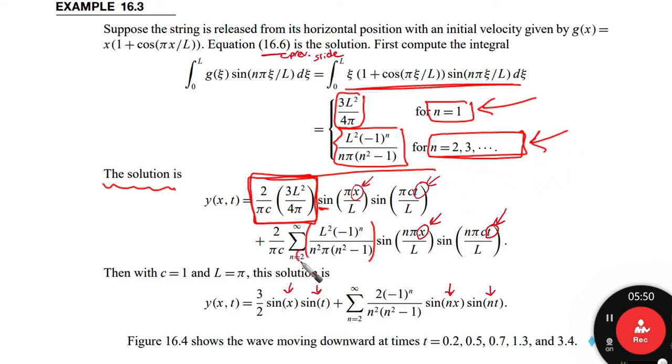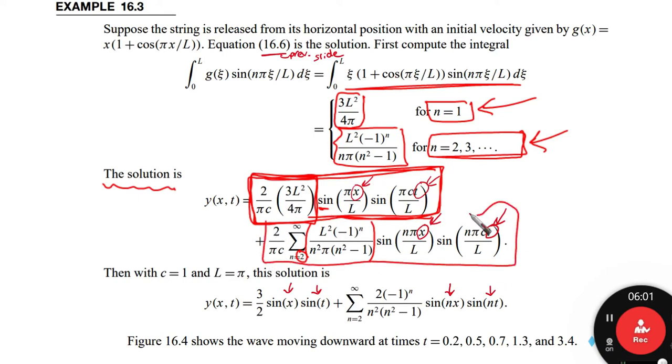The first term is dedicated to n equal to 1, which is why you cannot see any n there. However, this is the second part of n, starting from 2 to infinity: this fraction, a function of n, times sine n pi x over L, times sine n pi ct over L. So we end up with a superposition of two terms.